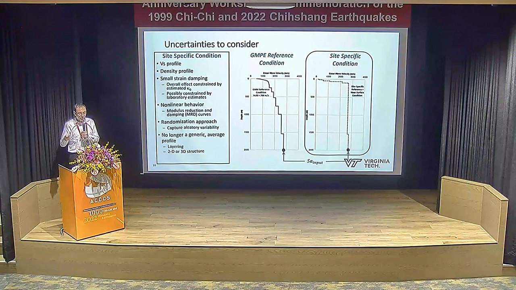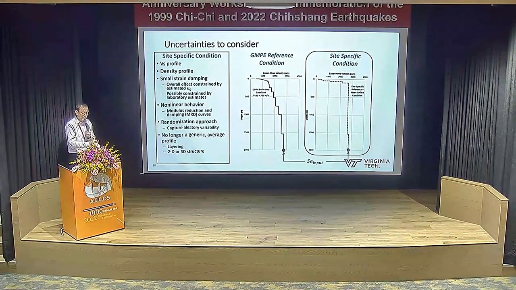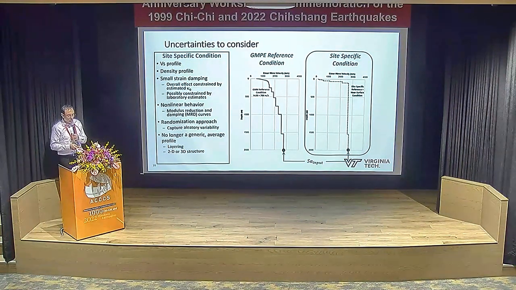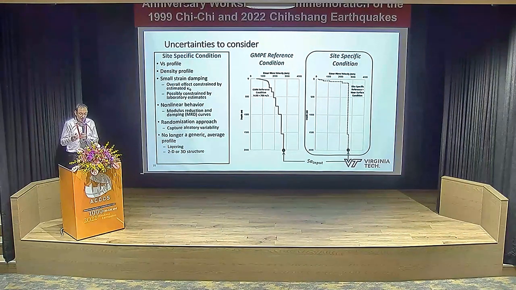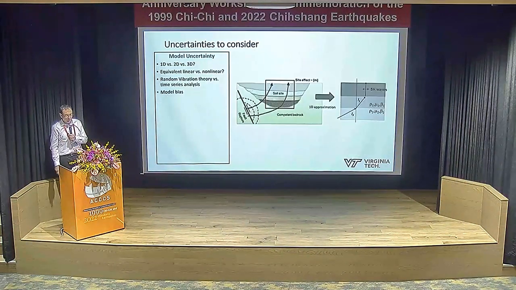There is some inherent variability, and how we capture this variability is in itself an uncertainty that we need to consider. And our profile is no longer a generic average profile, so there is uncertainty in the layering, potentially in structure, in 2D or 3D structure, etc.